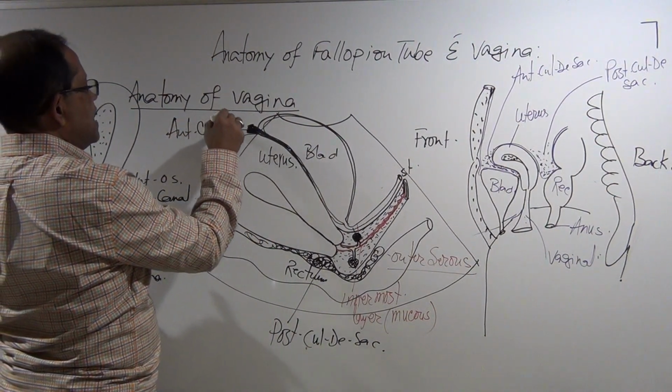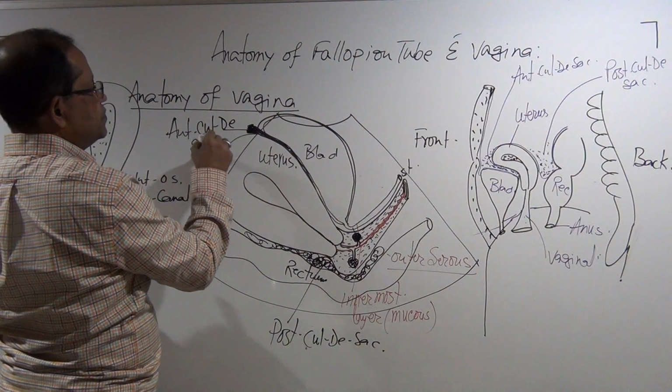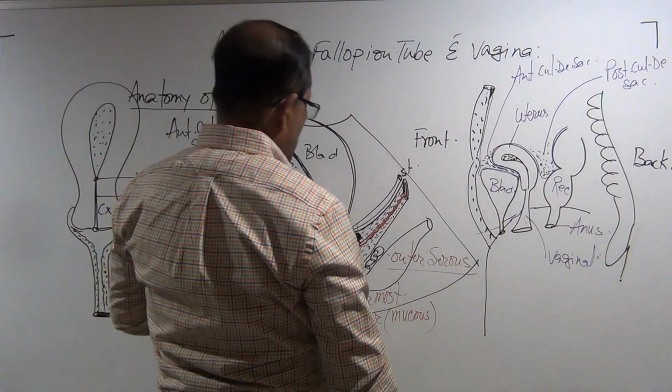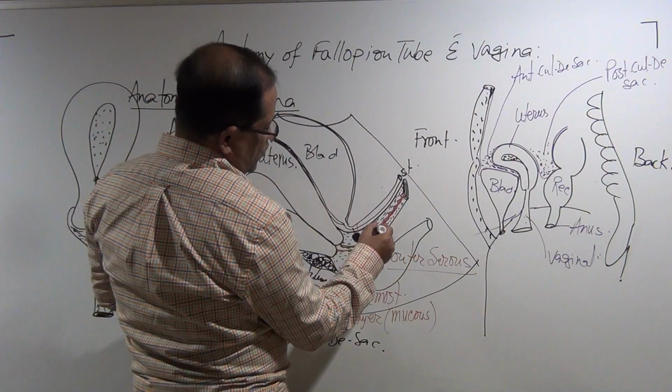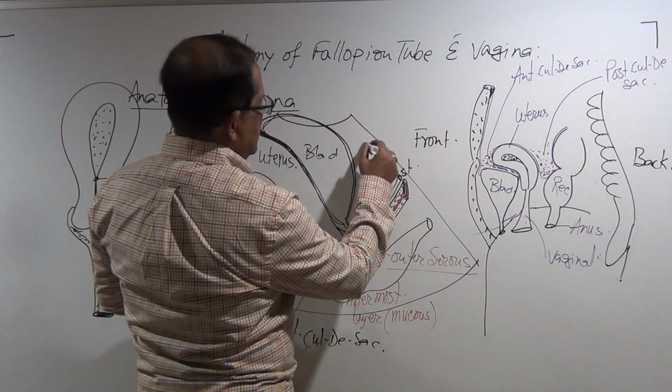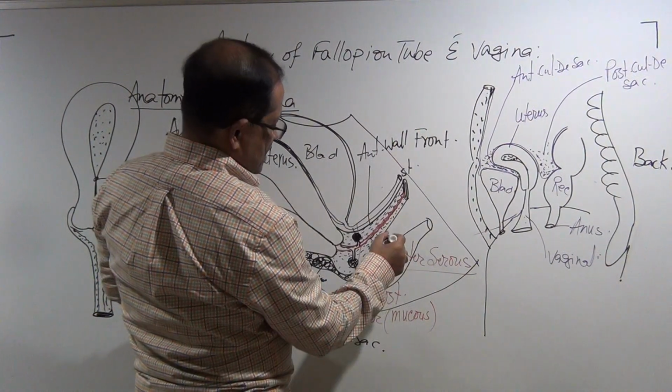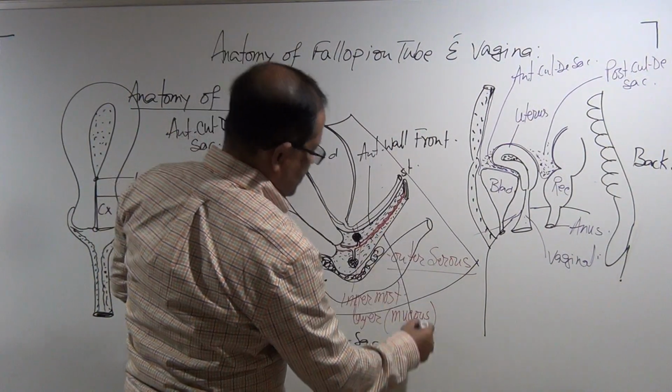Anterior cul-de-sac. Okay, so now this is the anterior wall of the vagina, and this is the posterior wall of the vagina.